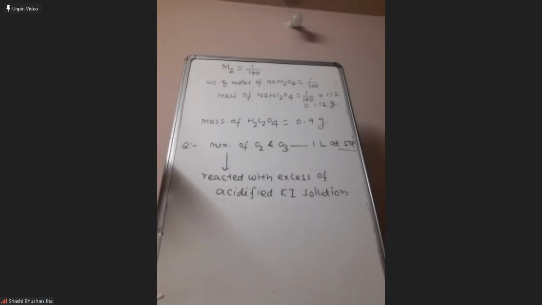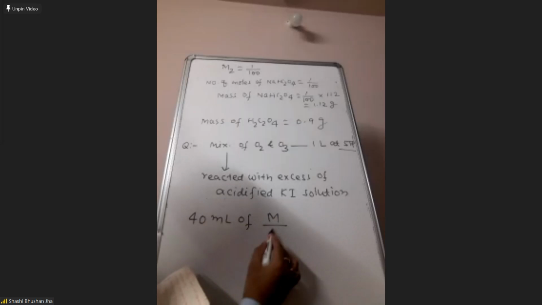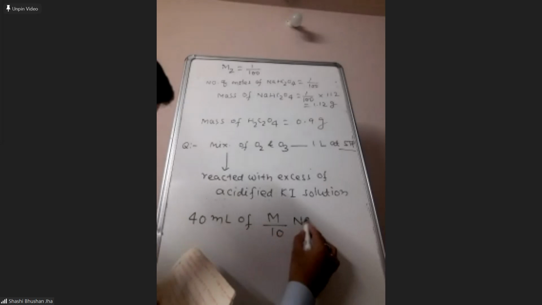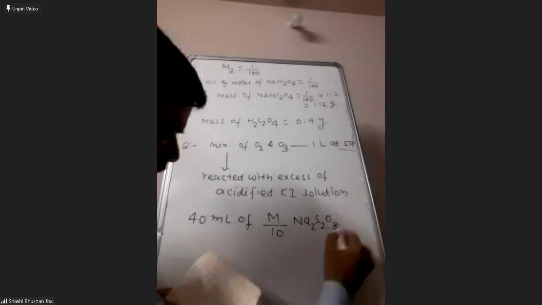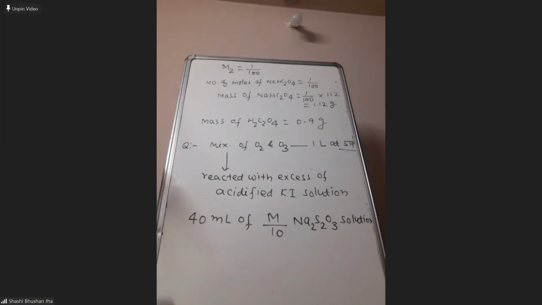The liberated iodine required 40 milliliter of M by 10, which means molarity is 1 by 10, sodium thiosulfate solution for titration.